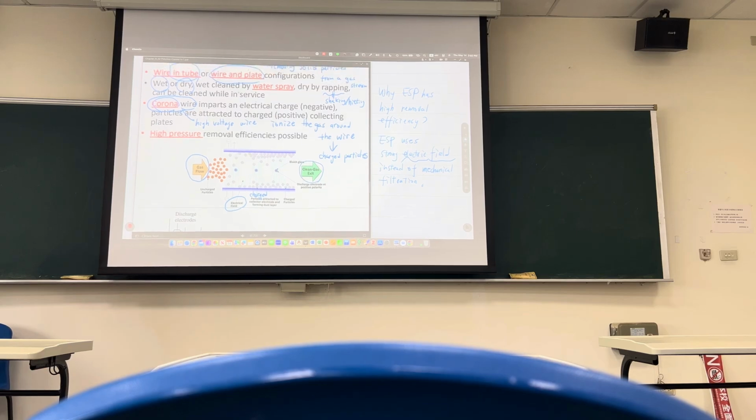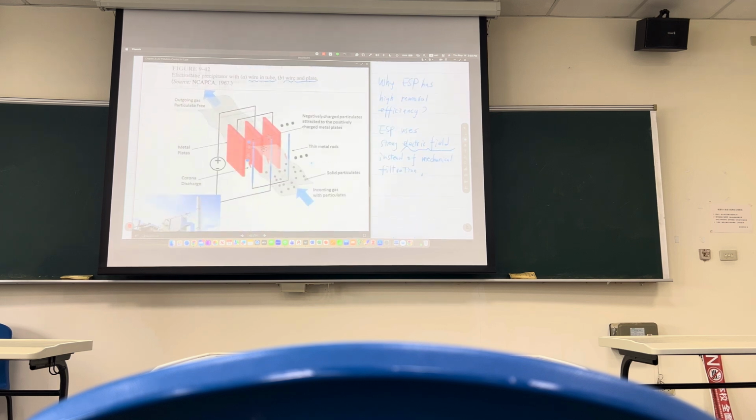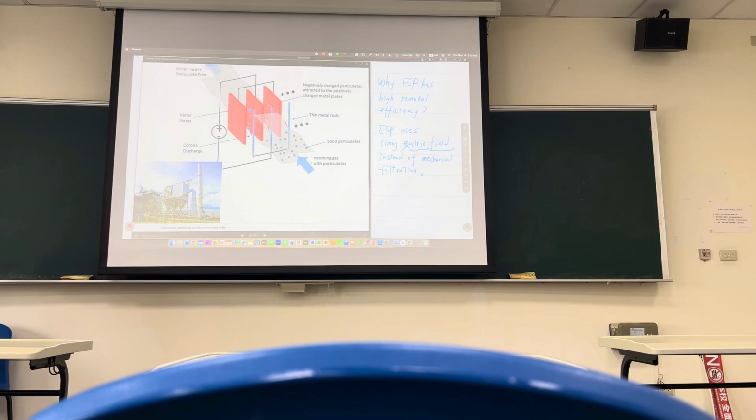So after that you need to clean. Before collection you need to clean, and after collection you also need to clean, depending on dry ESP or wet ESP, by wrapping or by water spray.